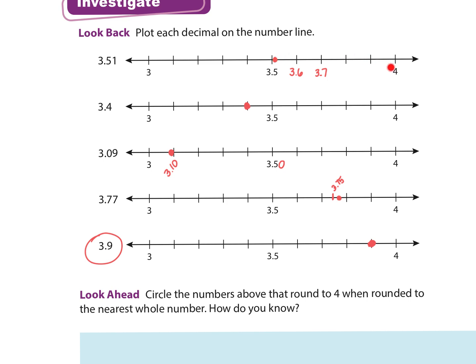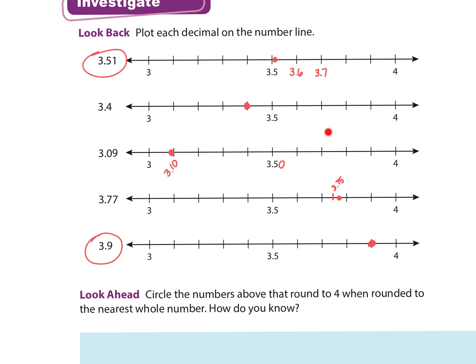Is it closer to 4 or is it closer to 3? It's closer to 4. Good. So this would be rounded up to 4. Okay, what about the next one? Is this point closer to 3 or is it closer to 4? It's closer to the 3, so that would not round up to 4 as a whole number. What about this point?